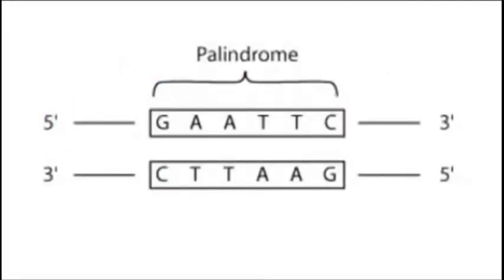On the basis of the nature of nucleotide sequence in duplex DNA, they are of two types, palindromic DNA and repetitive DNA or satellite DNA. A palindrome is a word or sentence that reads the same both forwards and backwards.